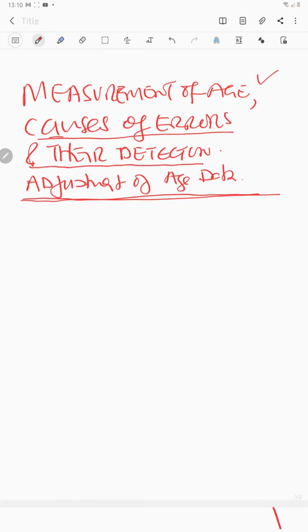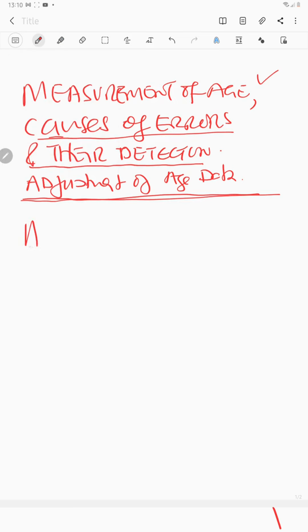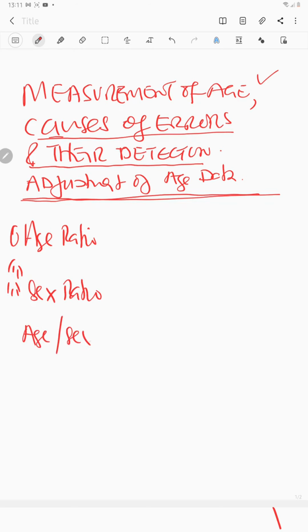So the first one is the age ratio, and the second one is the sex ratio, which we discussed last time, and number three, we have the age or sex accuracy index.